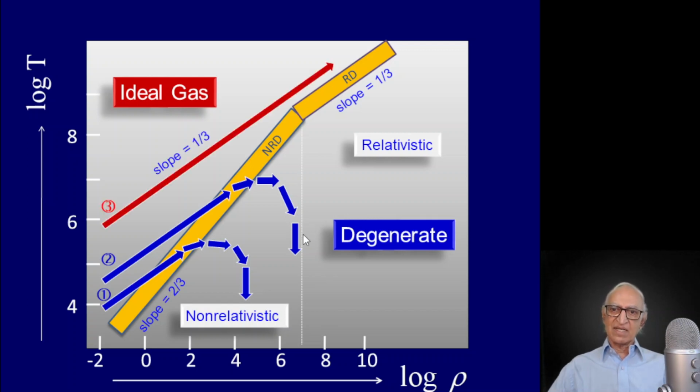On the other hand, if the gas were at this point, and if I increase the density, then it will remain classical no matter how high the density will become. Why is this slope 1 by 3? That comes from the adiabatic relation. T times rho to the power 1 minus gamma is a constant, which will tell you that the relation between log T and log rho will have a slope of 1 by 3.